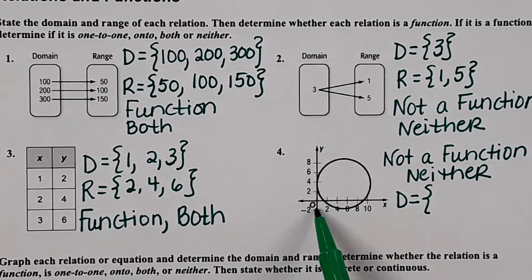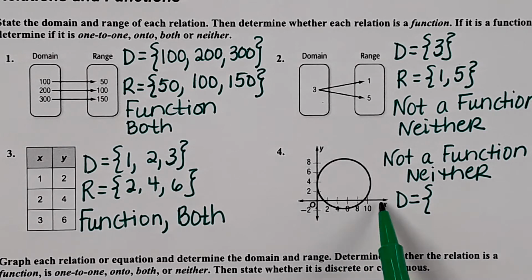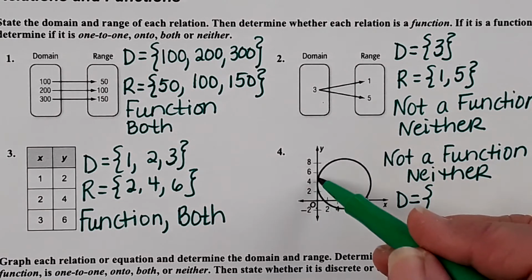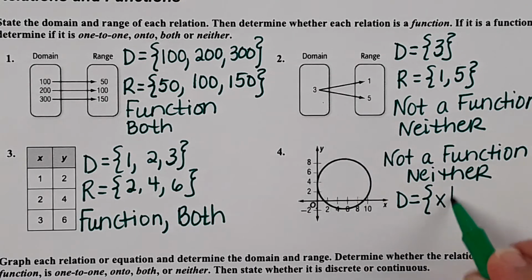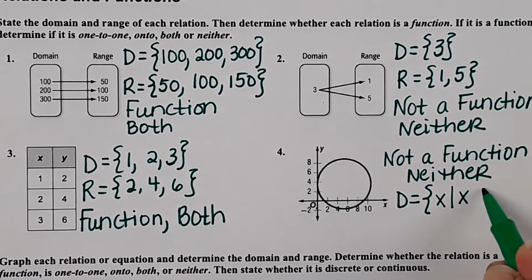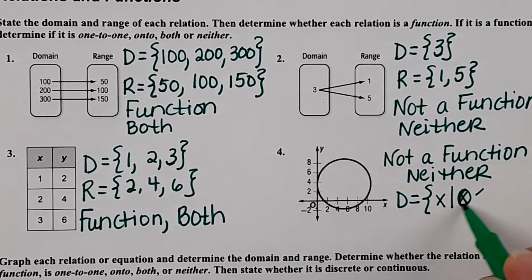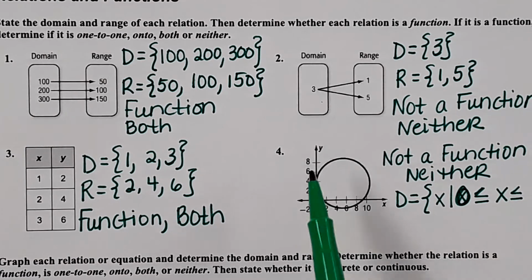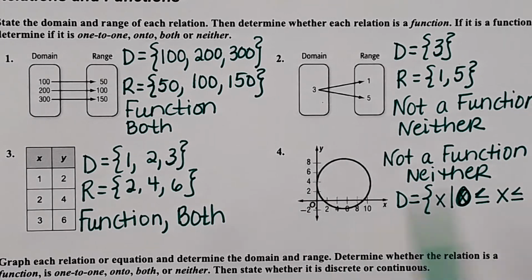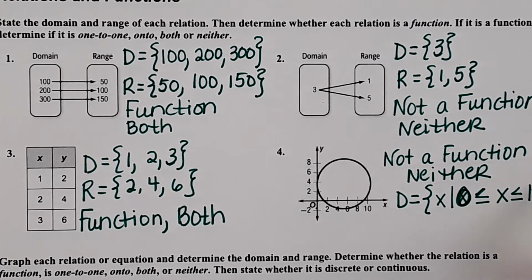So what's the smallest number? 2 or 0. 0, because 0 goes up here, right? Yeah. So we're going to write x such that 0 is less than or equal to x, which is less than or equal to, what's the largest number on the x-axis? 10. So our x coordinates are going to be anywhere between 0 and 10.